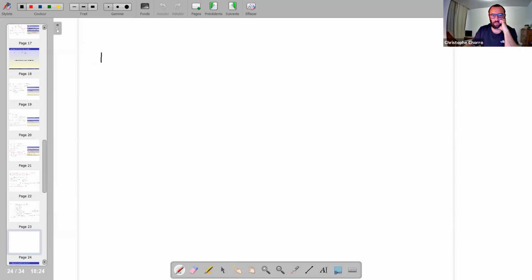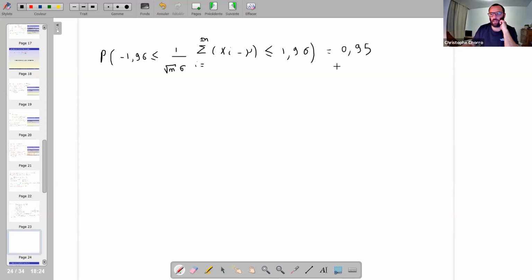I have proved that the probability that 1 over square root of n sigma sum from i equal to 1 to n of xi minus mu is less than 1.96 is equal to, in fact, 95%.